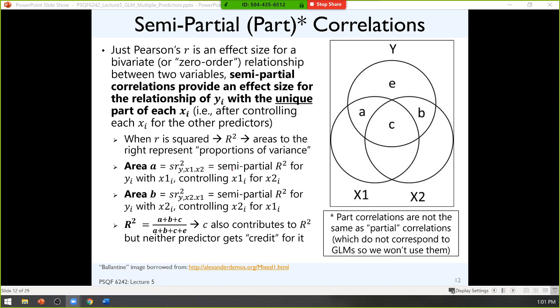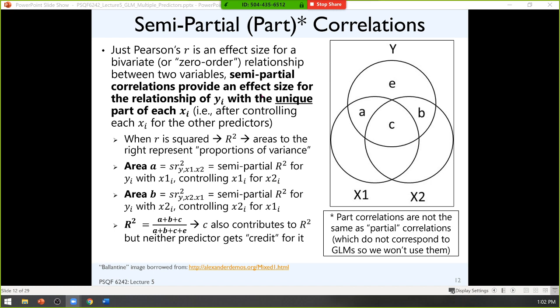Let's see here. So we need a different kind of effect size to describe a predictor's unique effect on an outcome. There are many different ways to do it. One that you haven't seen yet that you may come across is known as a semi-partial correlation.